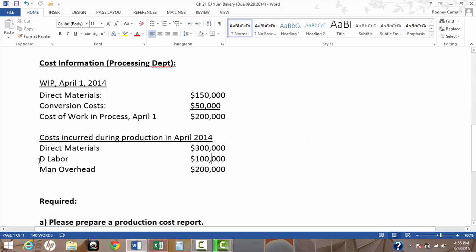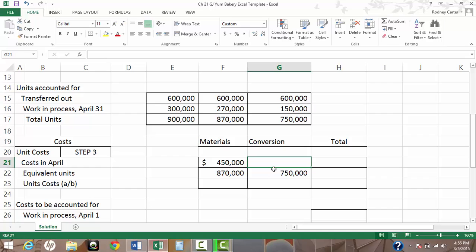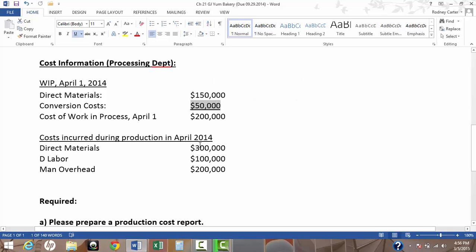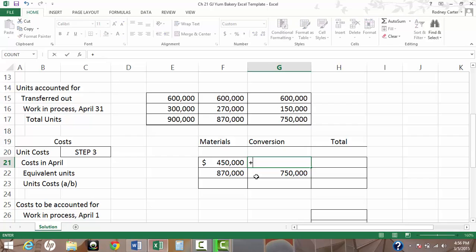Remember, conversion costs are direct labor and manufacturing overhead. So I will take 50,000 plus the 300,000 from here and here. So 50,000 plus 100,000 plus 200,000.